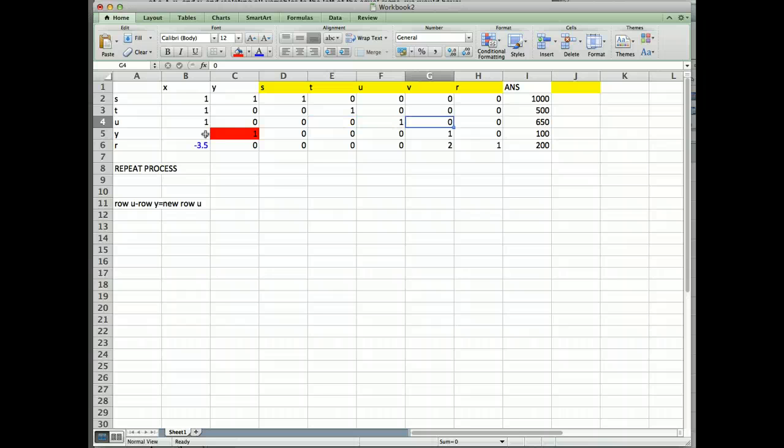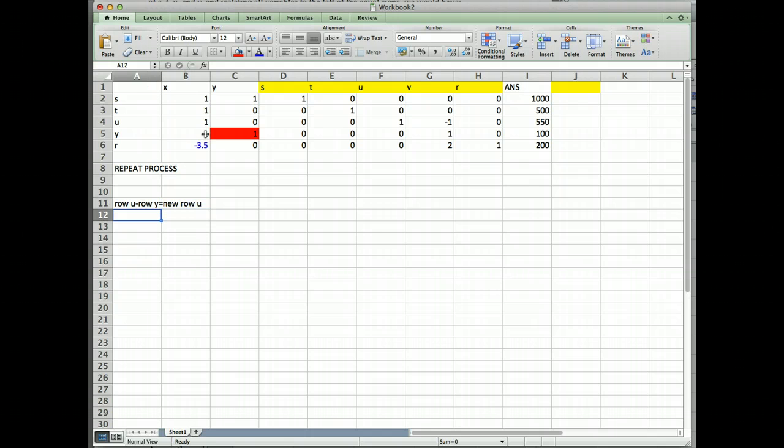Then we get here, 0 minus 1, negative 1. 0 minus 0. 650 minus 100, 550.